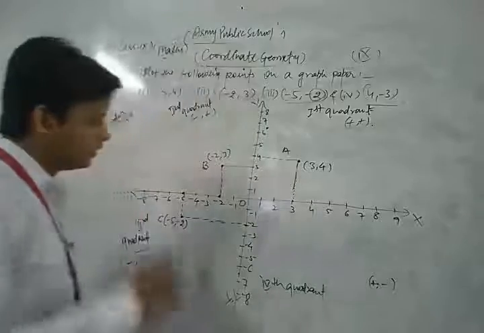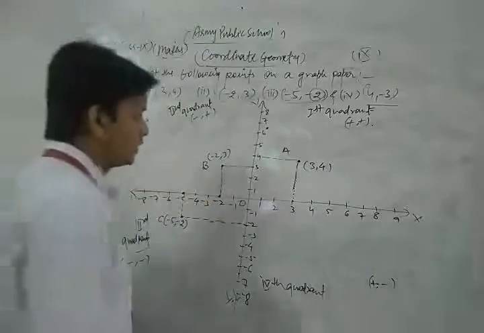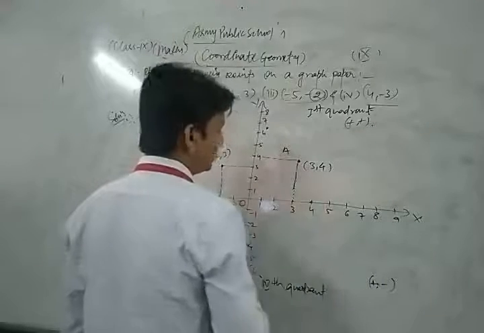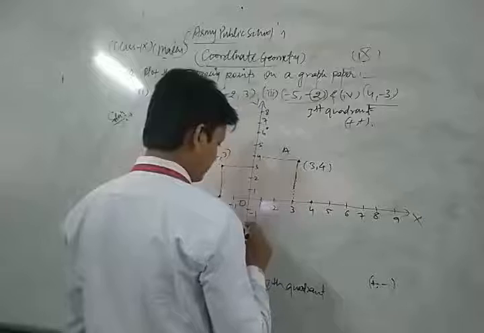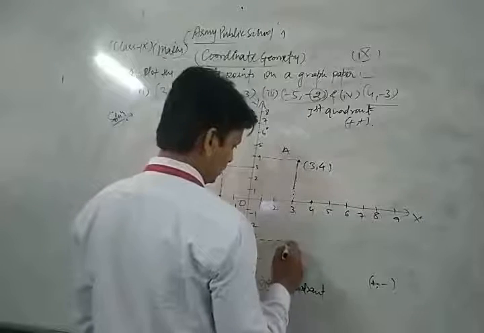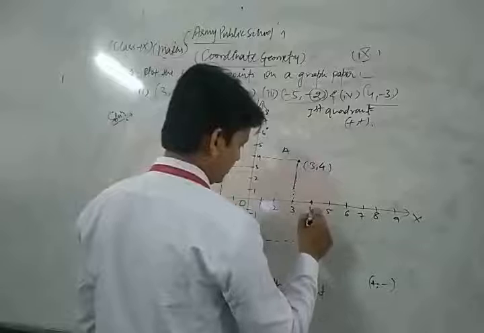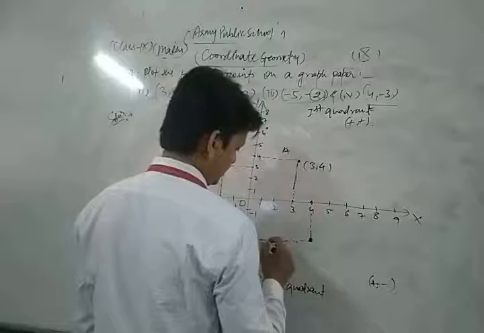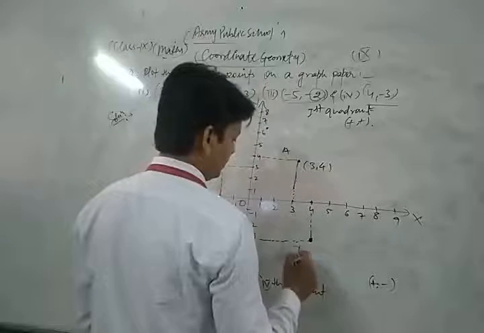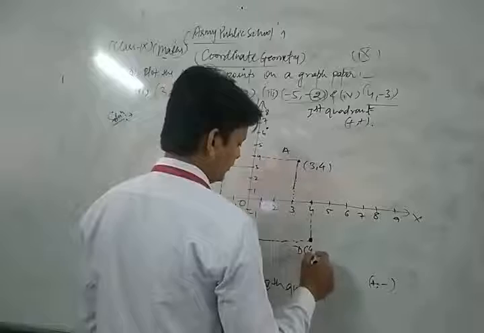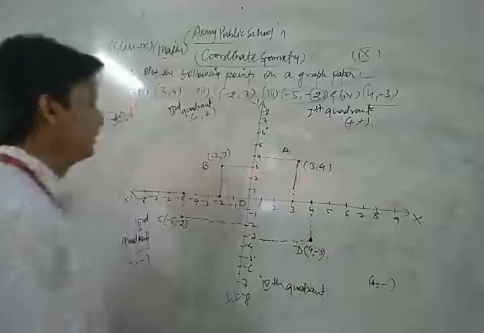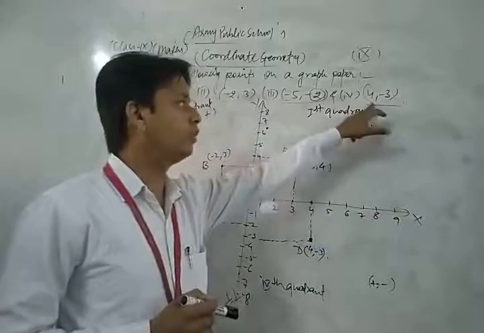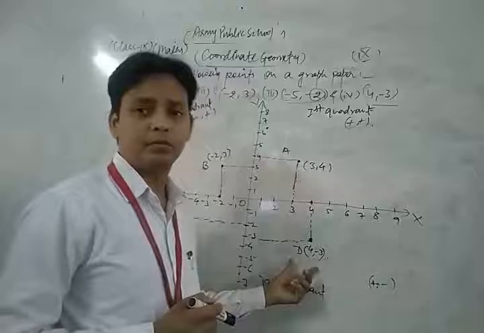So in the fourth quadrant, dear friends, first of all we go to plus 4: 1, 2, 3, 4. Minus 3: 1, 2, 3. Now here D, which is (4, -3). So the coordinate (4, -3) lies in the fourth quadrant.